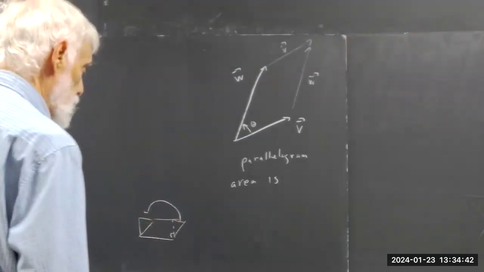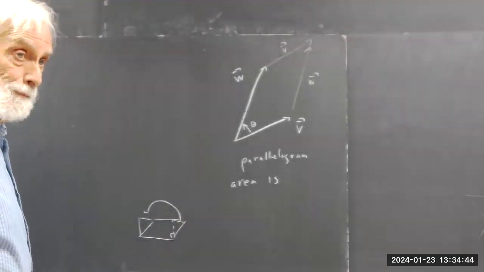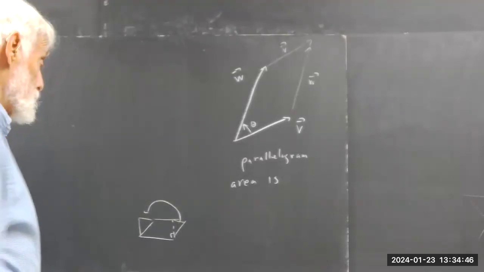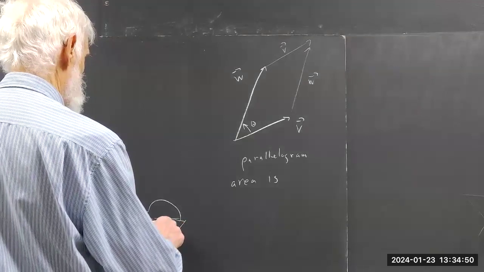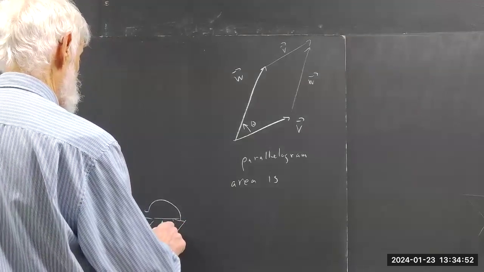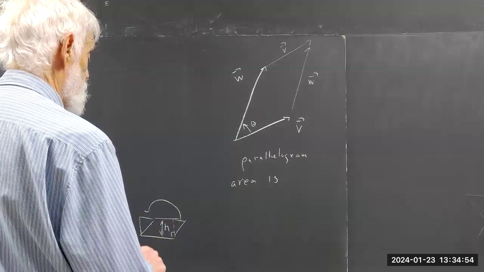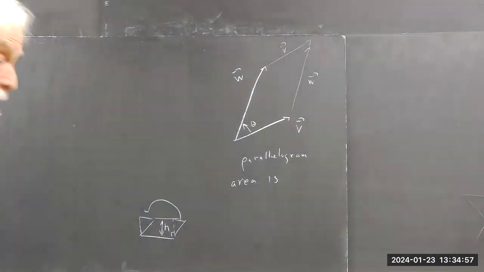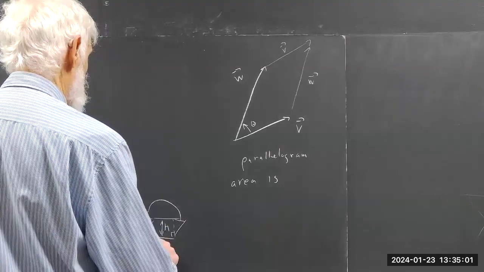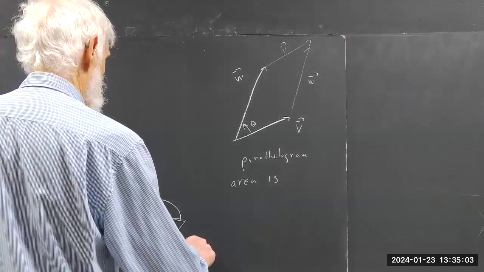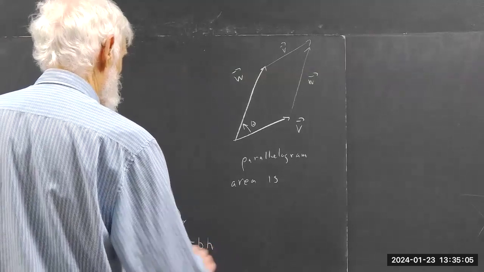And now I've got a rectangle. Right? Okay, well then this distance here between the two sides is the altitude, which we often call h. And this side, which hasn't changed, is called the base. The area equals the base times the altitude.